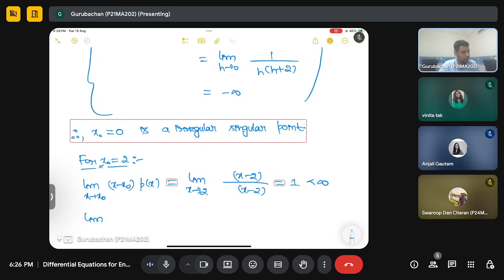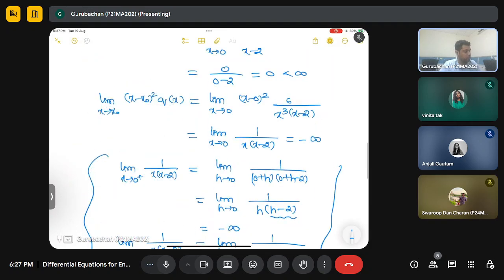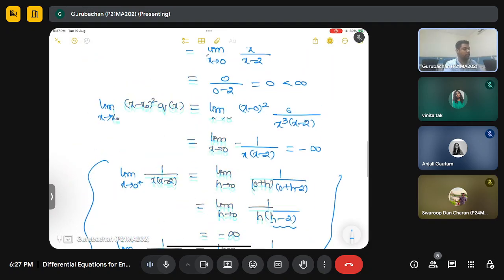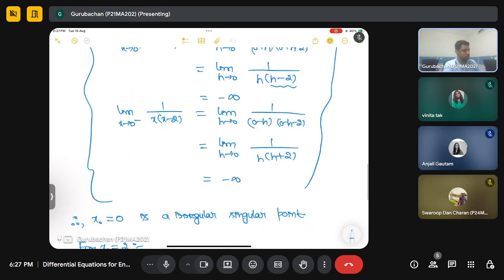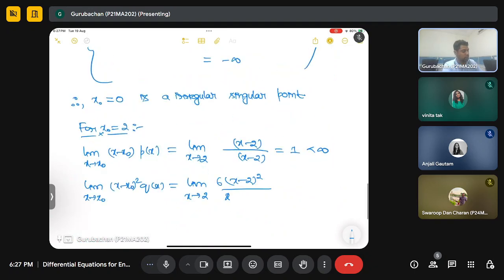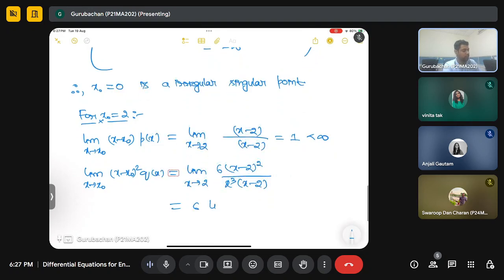While limit x tending to x naught of (x minus x naught) whole square q(x) is equal to limit x tending to 2, (x minus 2) whole square times q(x). Since our q(x) is 6 divided by x cube into x minus 2, if you calculate this value, limit x tending to 2, 6 times x minus 2 divided by x cube.